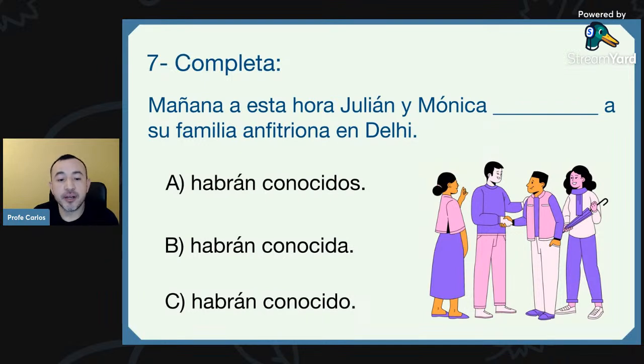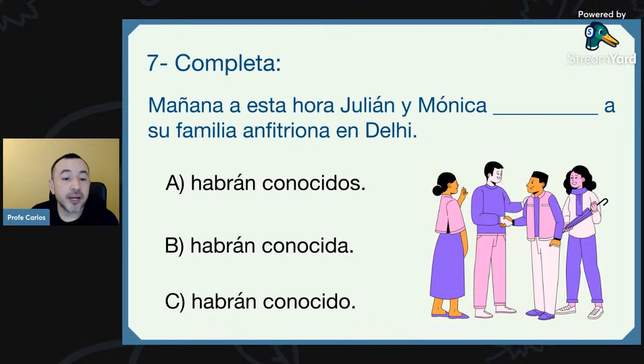Mañana a esta hora, Julián y Mónica habrán conocidos a su familia anfitriona en Delhi. Mañana a esta hora, Julián y Mónica habrán conocida a su familia anfitriona en Delhi. Mañana a esta hora, Julián y Mónica habrán conocido a su familia anfitriona en Delhi.